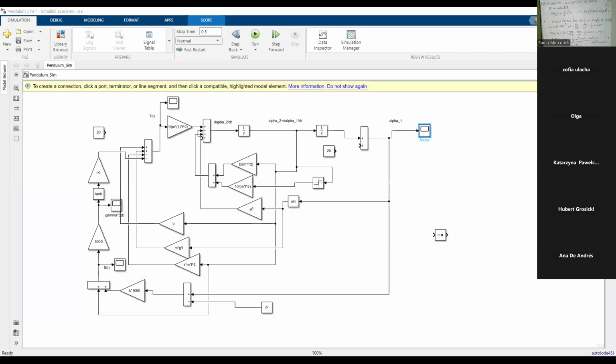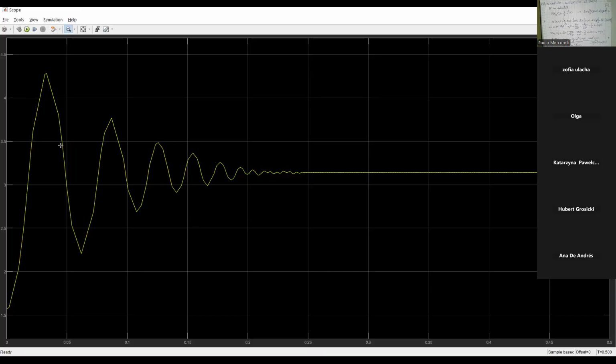To reduce the oscillations, we have to change K and or eta. With less eta, we obtain less oscillation.